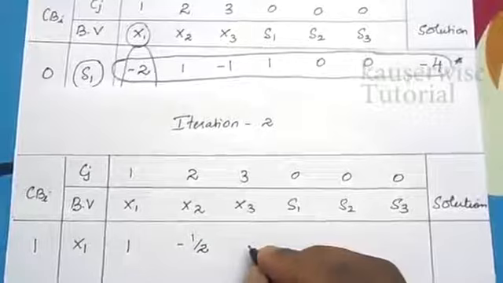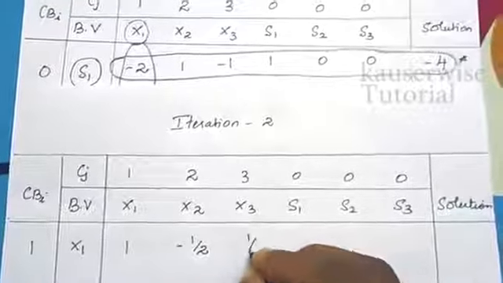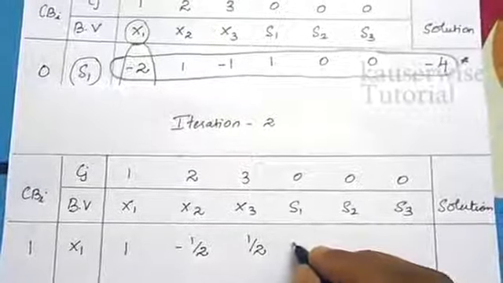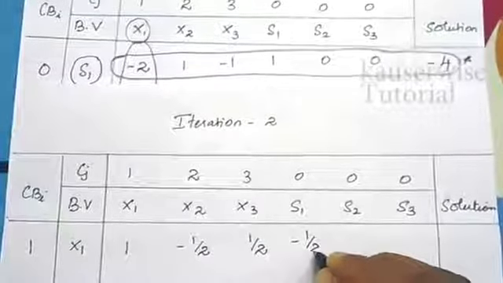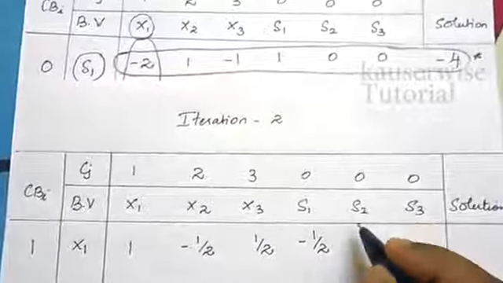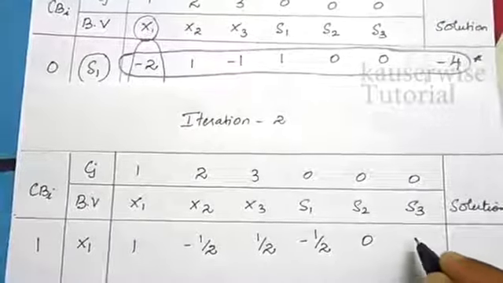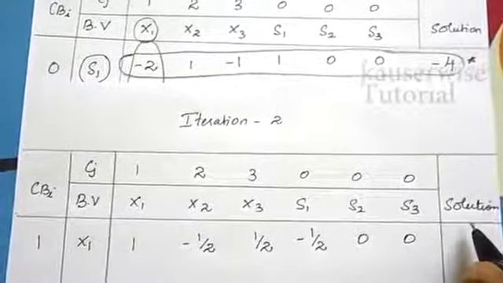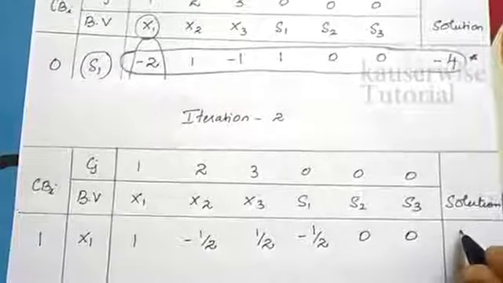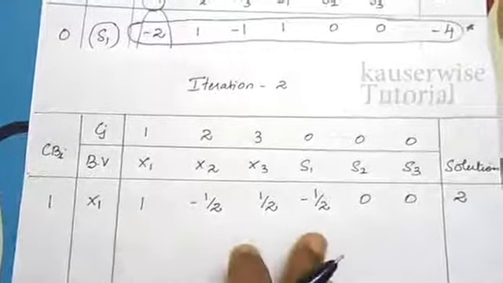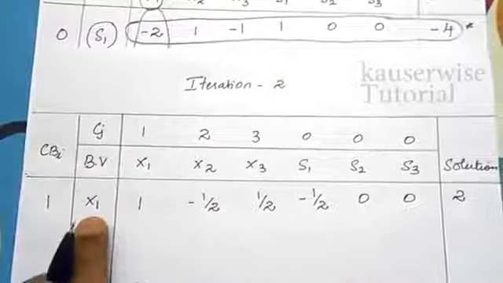Minus 1 divided by minus 2 is 1 by 2. 1 divided by minus 2 is minus 1 by 2. 0 divided by minus 2 is 0. 0 divided by minus 2 is 0. Minus 4 divided by minus 2 is equal to plus 2. This is the procedure to find the new value for the entering variable.